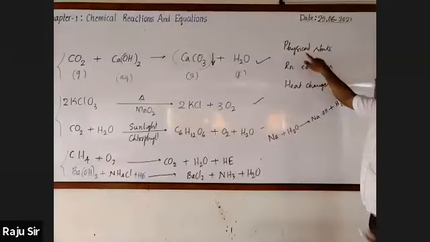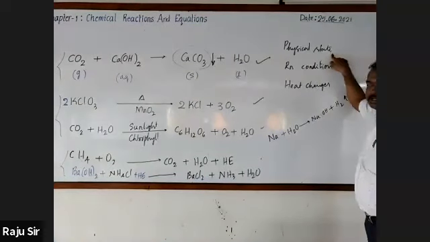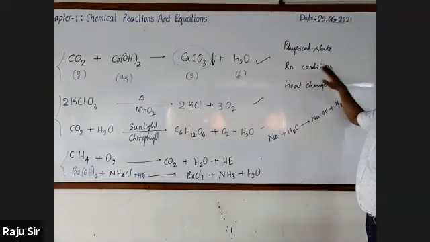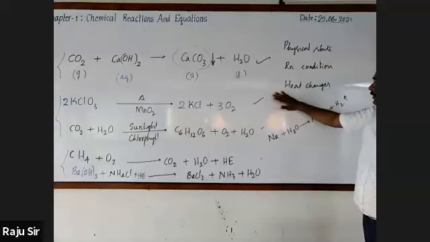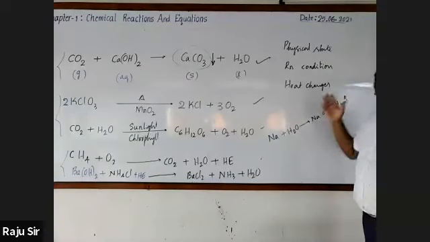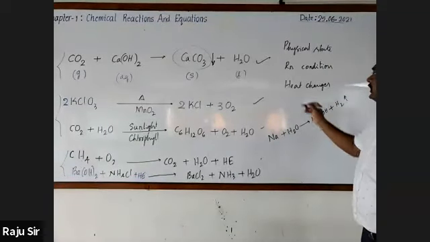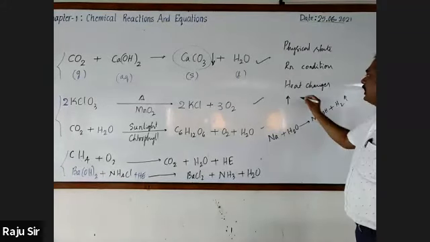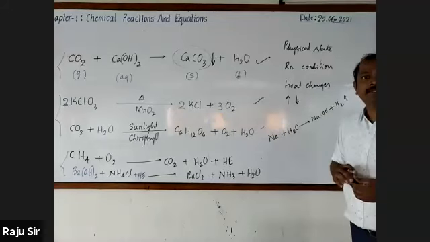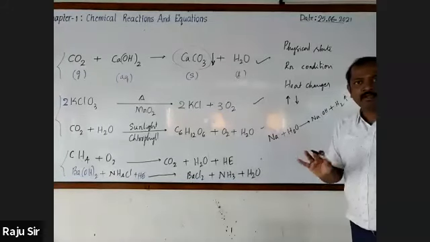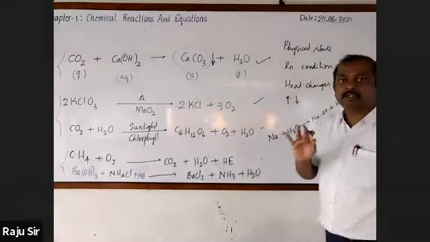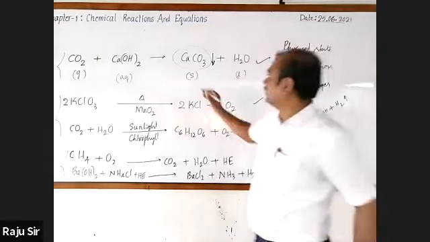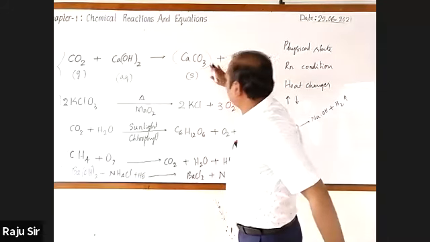One is by indicating the physical state. Second one is by indicating reaction condition. Third one is by indicating the heat changes. And fourth one is by indicating upward arrow mark for liberation of gas and downward arrow mark for precipitate. Understood? Yes. Yes, sir.